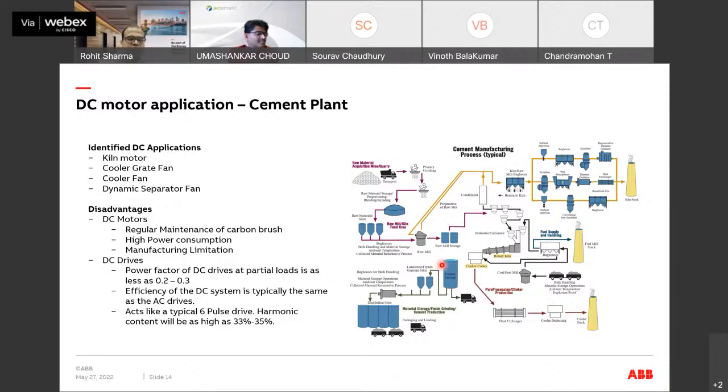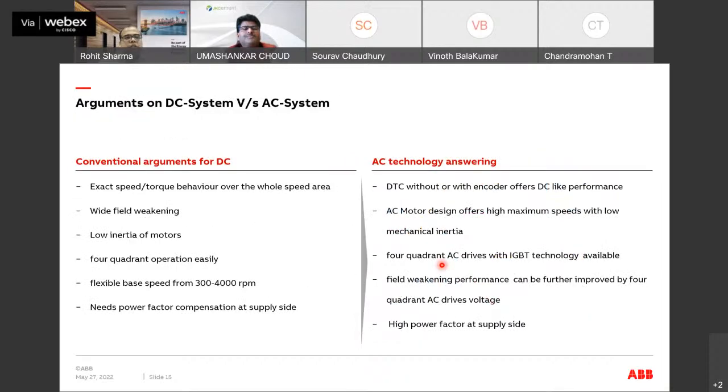The efficiency of the DC drive is quite low in comparison with AC drives. It also has harmonic content of around 33% to 35% due to its power component.